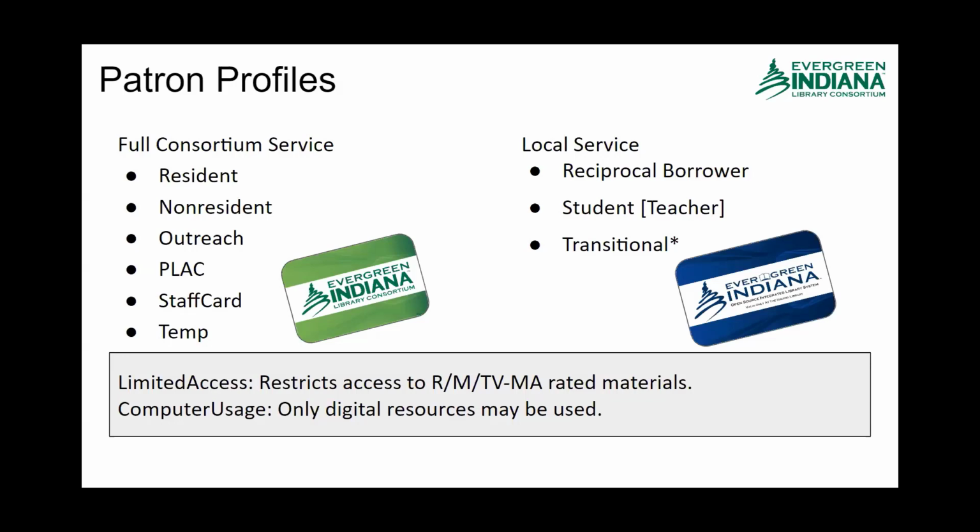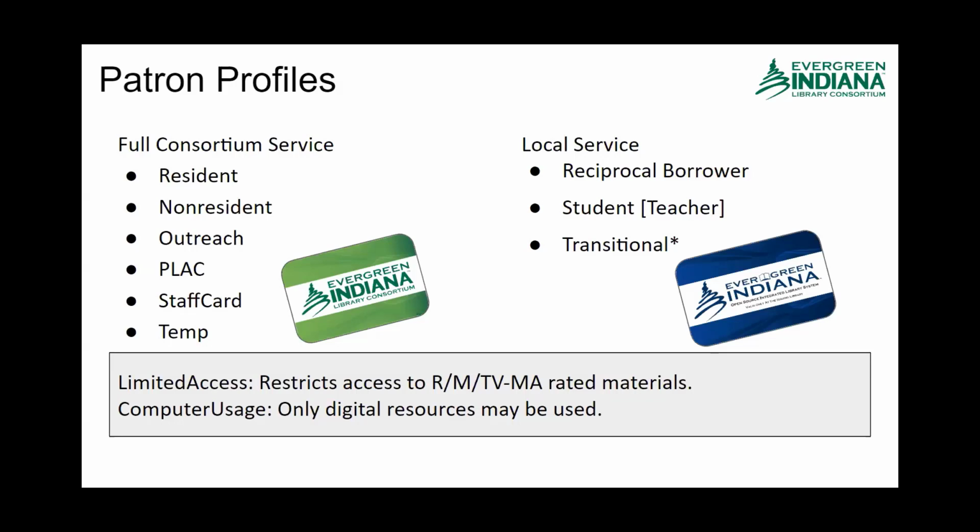A staff card, this is an optional benefit that a library may extend to those individuals who are employed by it, and that's to be determined by the board. A staff card is a card type that does not accrue fines for overdue, and so sometimes that's meaningful if your library still assesses fines for overdues for patrons.